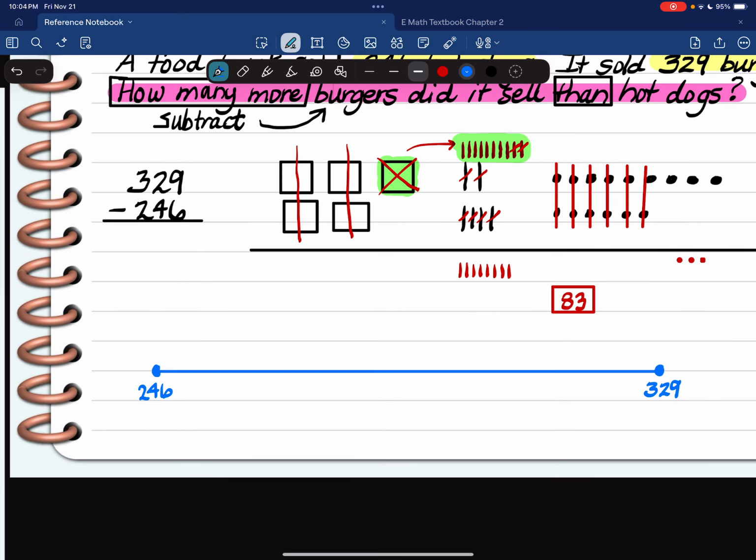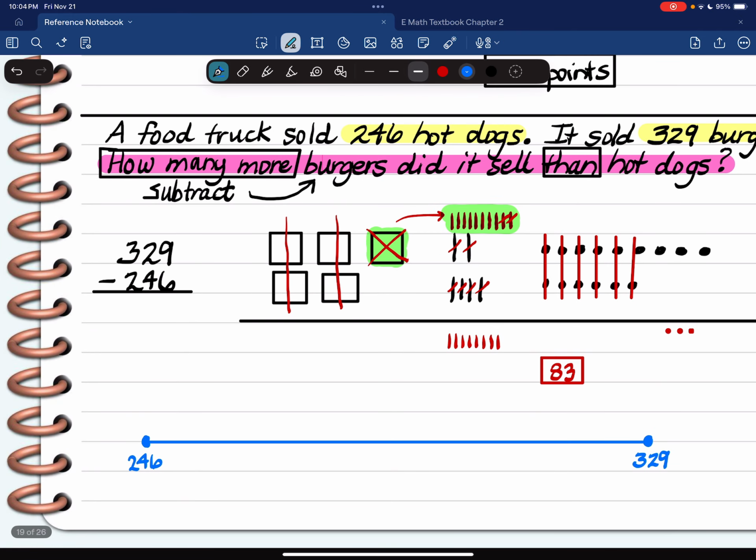So I know that 250 is a close benchmark right there. Let me keep my numbers all on the same row. And then from 250 to 300 would be a good benchmark. And then from 300 to 329, we'll figure that one up.